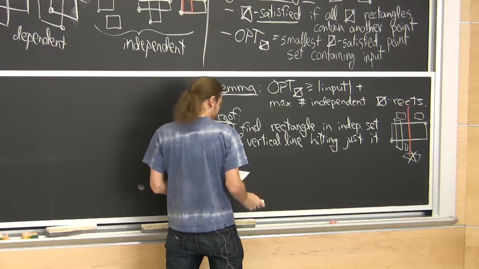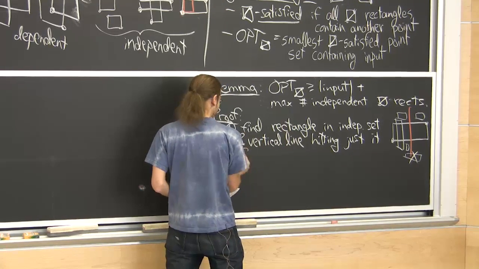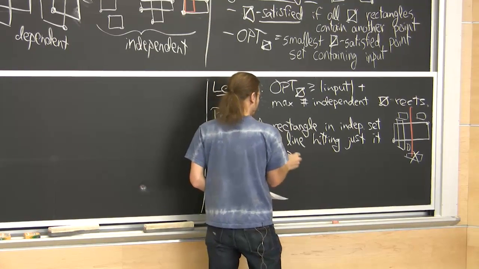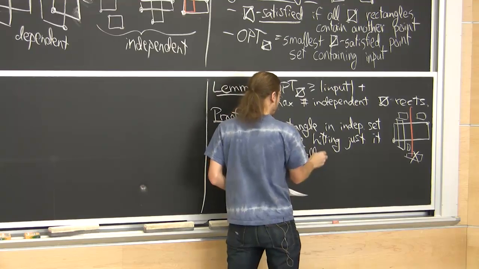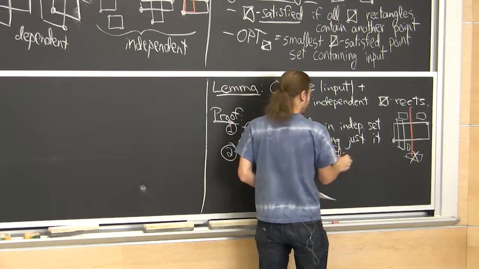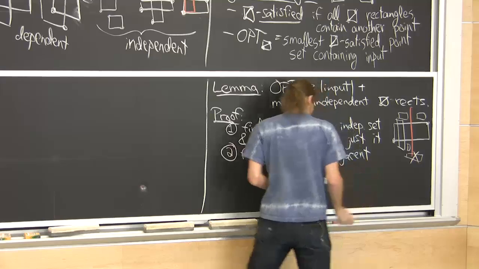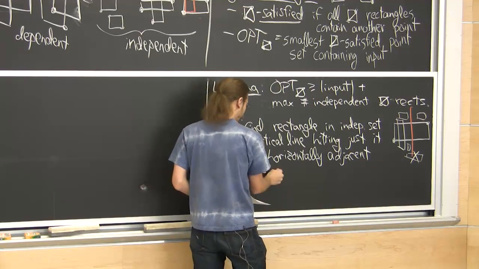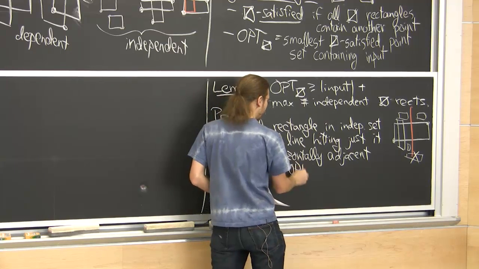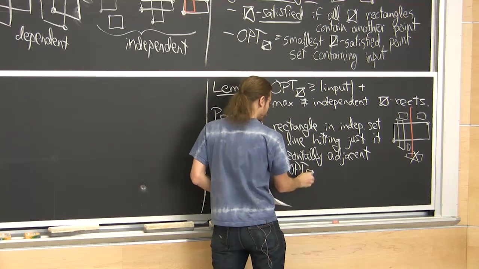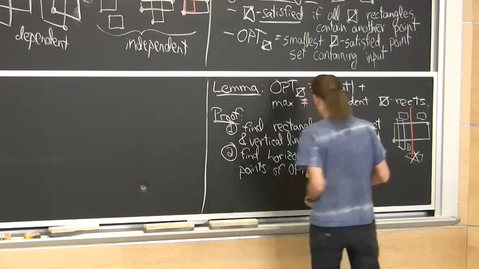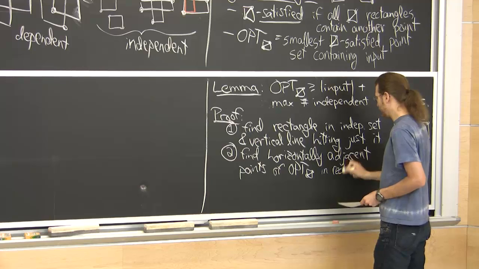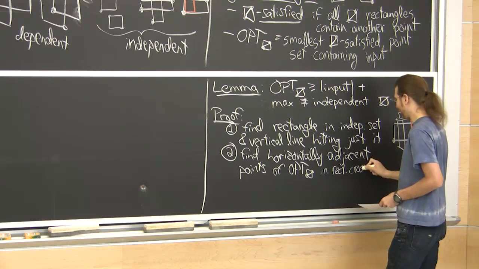Then, using that property, we're going to be able to find some points in that rectangle that are also in the optimal plus solution, in the rectangle crossing the line.